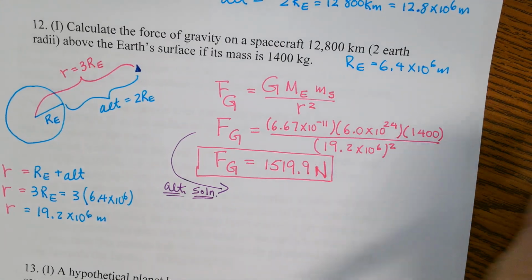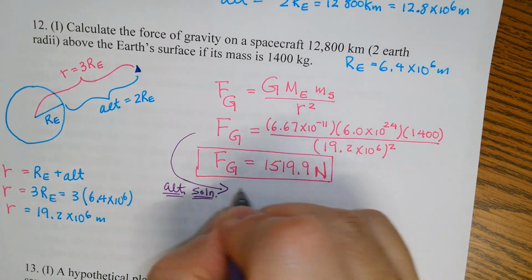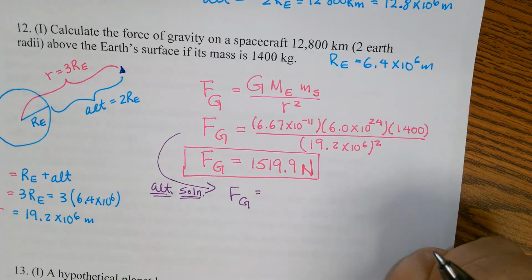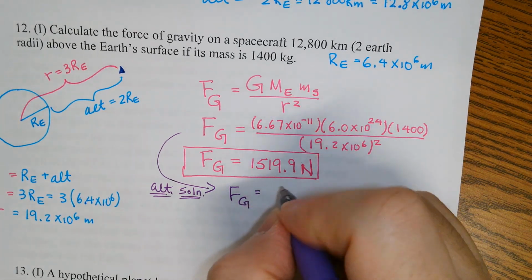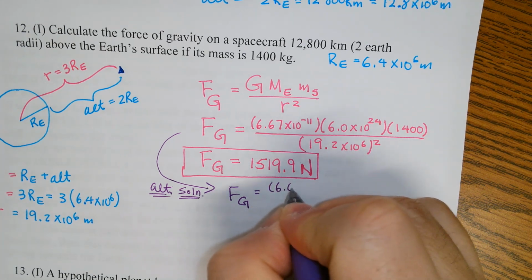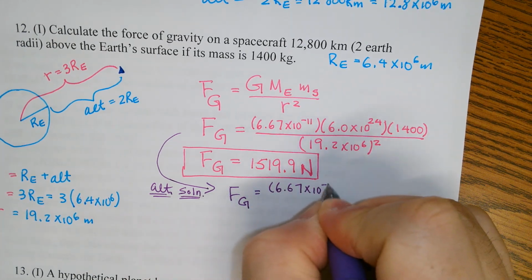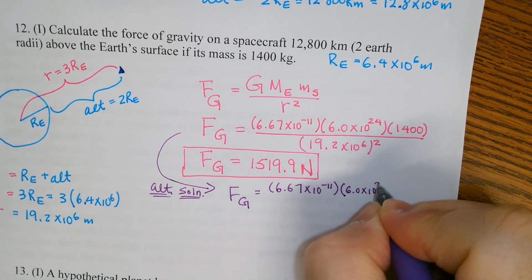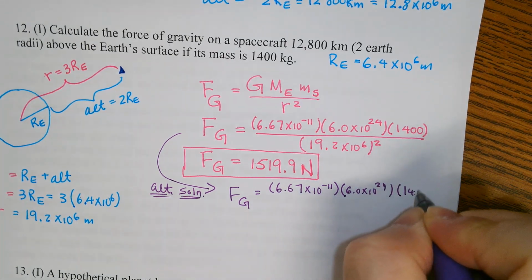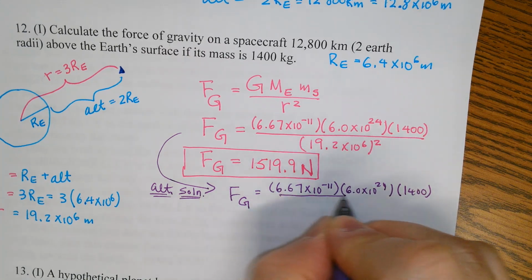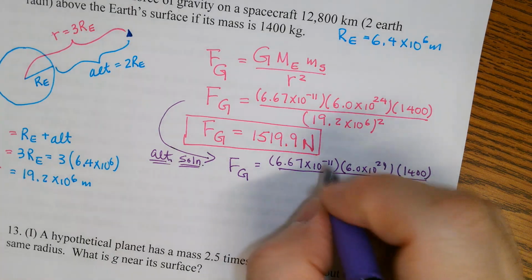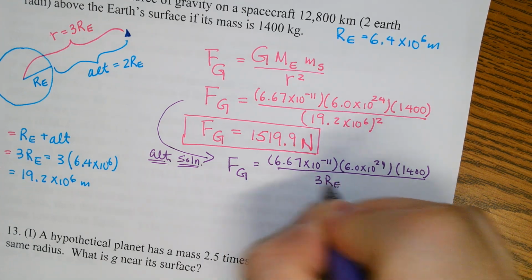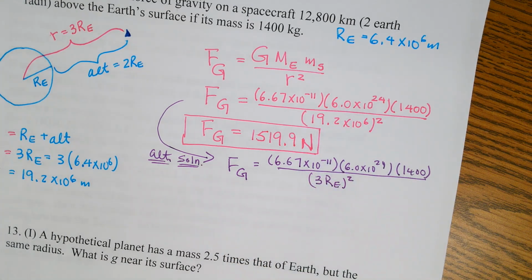So here, if I were to say FG is equal to 6.67 times 10 to the negative 11th times 6.0 times 10 to the 24th times 1400, divided by 3 times the radius of the Earth quantity squared.